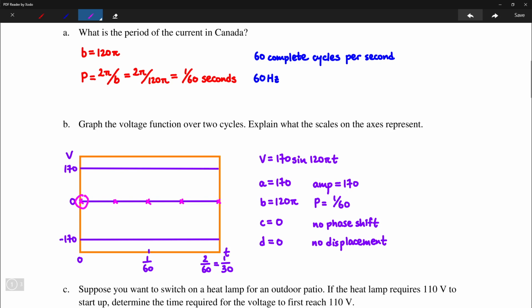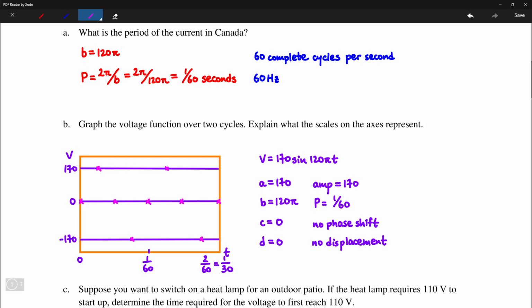At the first quarter mark, the voltage will be at the maximum, and at the third quarter mark, it will be at the minimum. And then the cycle will repeat itself.